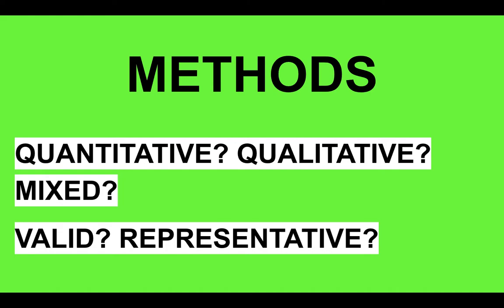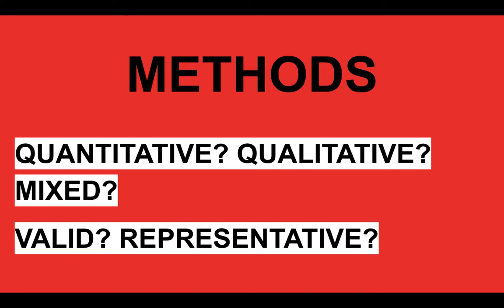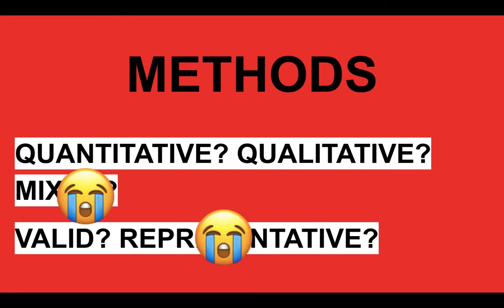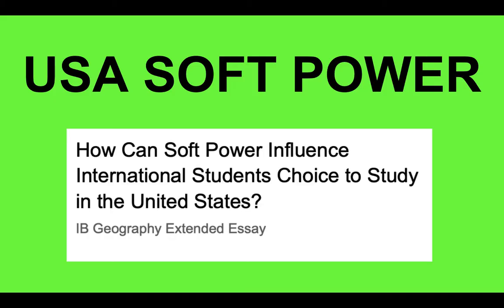But all the while you're thinking about making this valid research and representative of a wider sample. If your methods aren't very good, if they're not appropriately used, you will not produce good data that you can then analyse, and you won't be able to answer the question you set yourself particularly well.